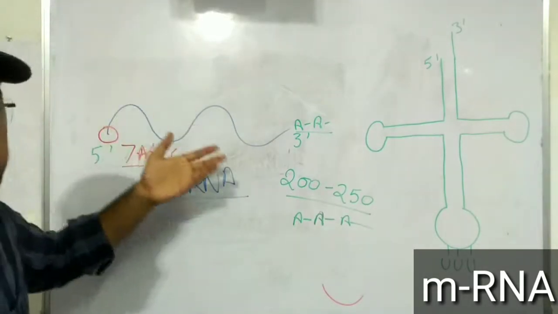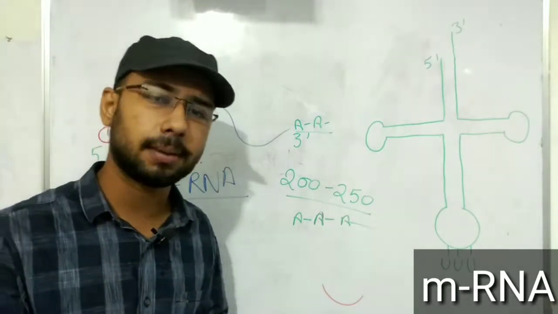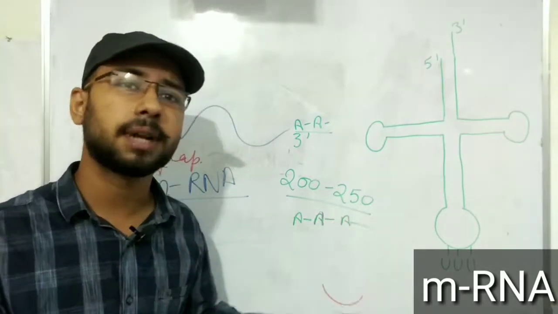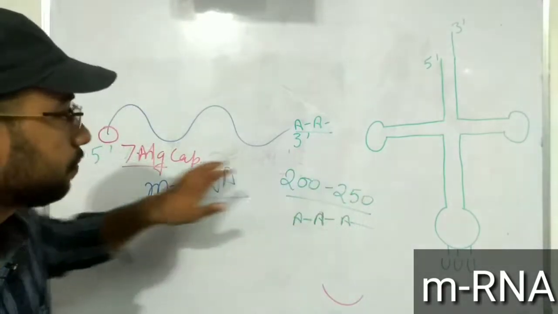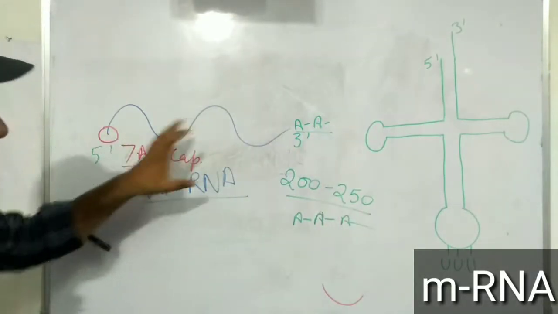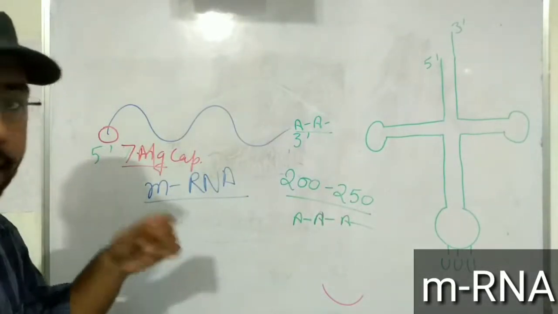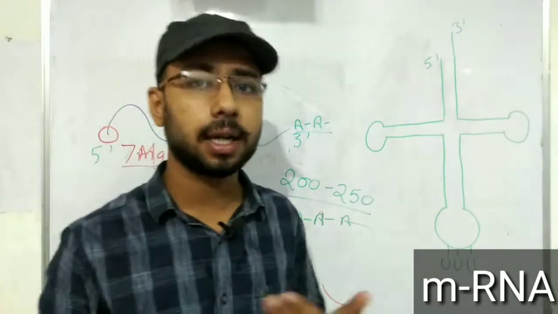hnRNA is not stable, as it contains many exons and introns, and the terminals are also not confined. Here the terminals are chemically modified. So this is a stable RNA or a mature RNA. Relate all of them so that you can learn it properly.